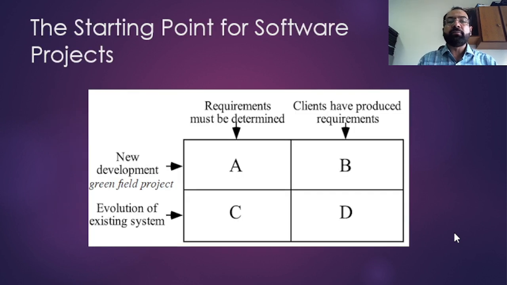The starting point for a software project: you can see this matrix, and it is easier for us to understand in the beginning. So while we are developing software, if you see on the left hand side, the horizontal side, you can go either for new development, which is normally called greenfield projects.